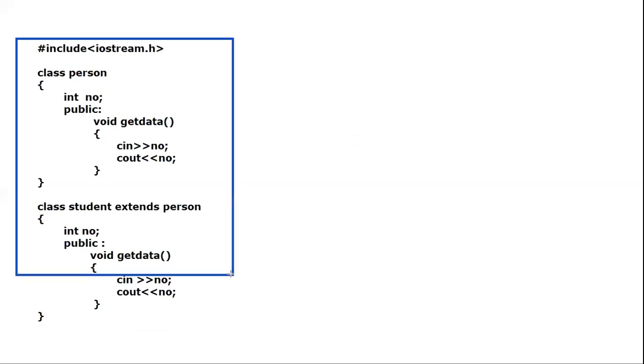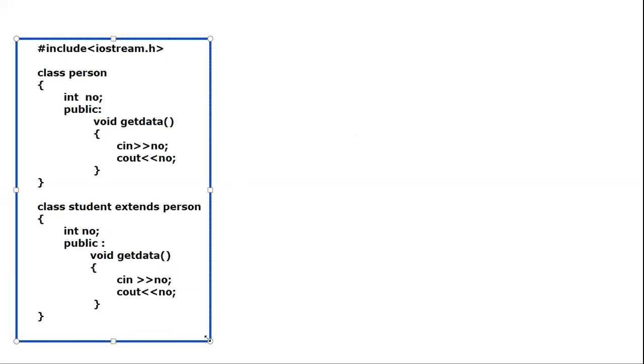Now I am going to create an object for this. Always remember, when you create an object, it will be created for the derived class. We don't create it for the base class. It doesn't mean that we cannot, but what is the logic behind this? If you create an object for the derived class, that object will be able to access all the features of the base class as well as the derived class.